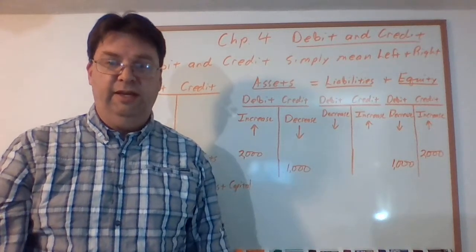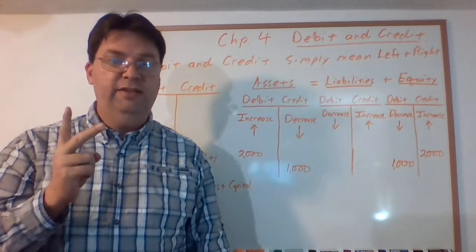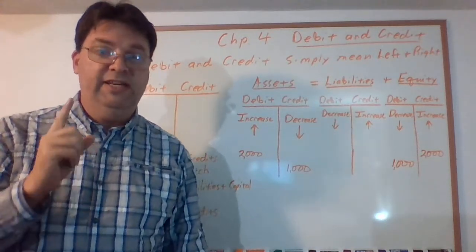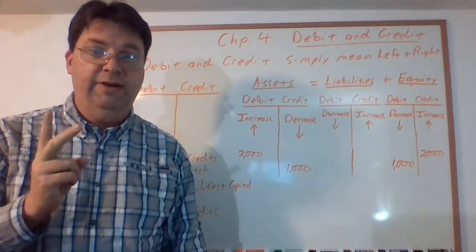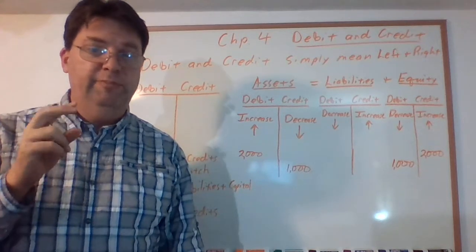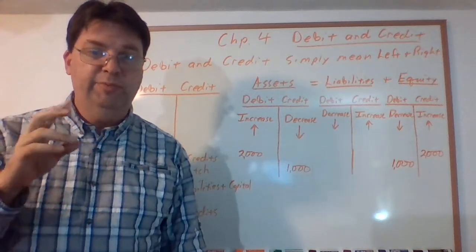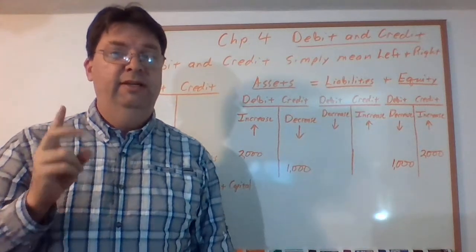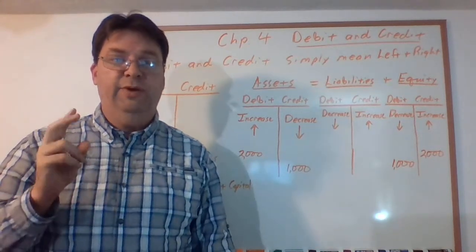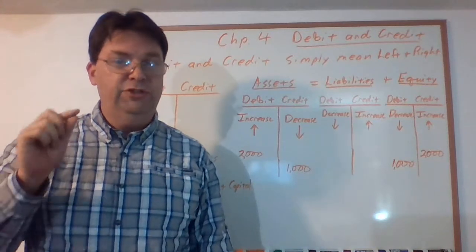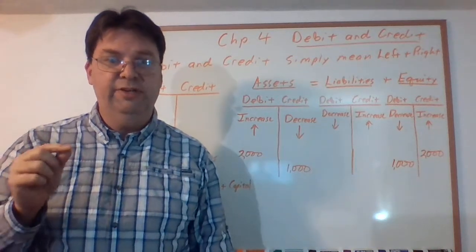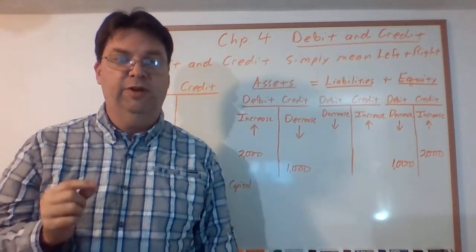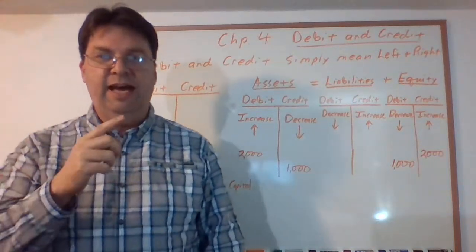So here's the thing. Every time you make these 2 entries, you will always have a debit and a credit. You could have multiple debits and a credit or multiple credits and a debit, but you always have to have a debit and a credit. So as you go through here, I would strongly suggest that every time you do this, you do the easiest one first. Like cash in bank.